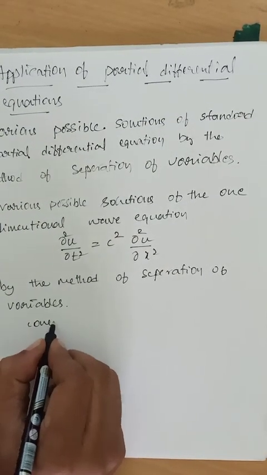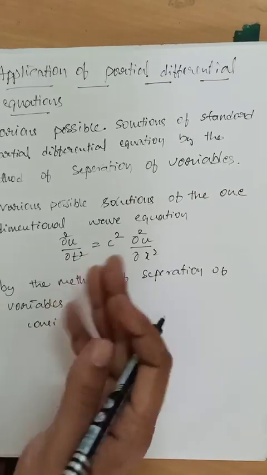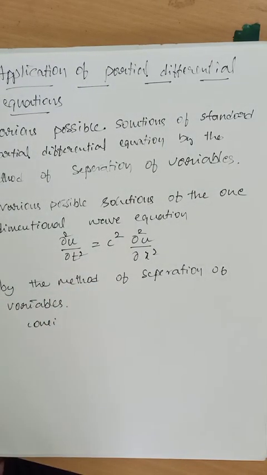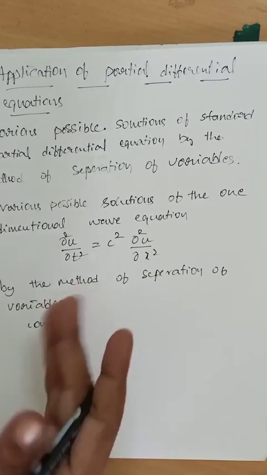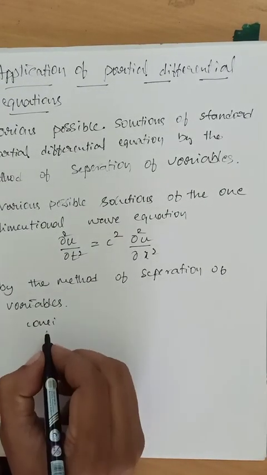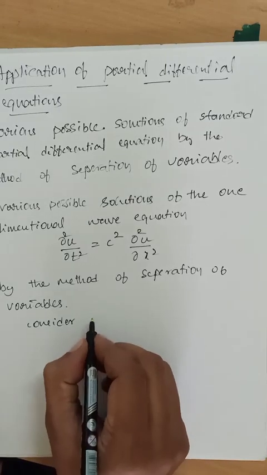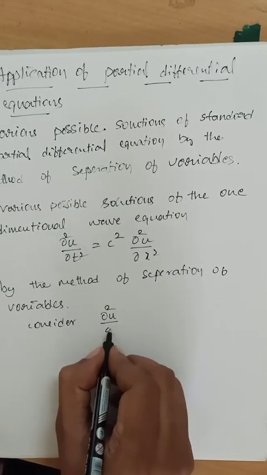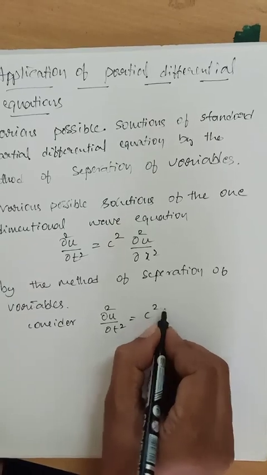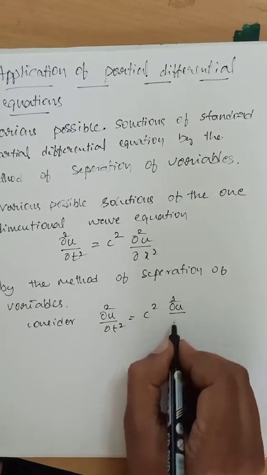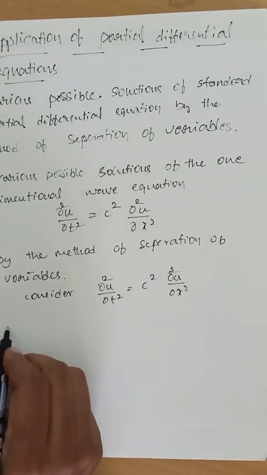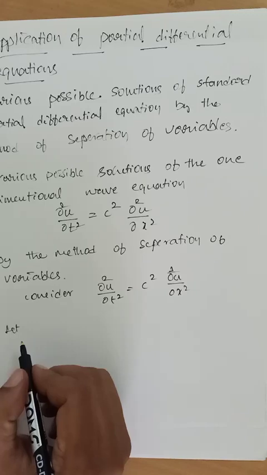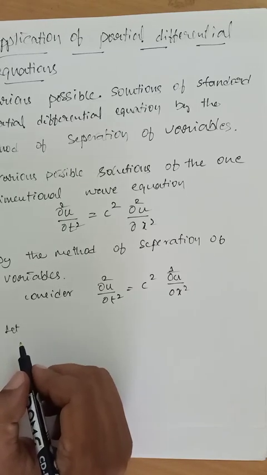Proof. Consider, because we already discussed in the previous problem solving the PDE by the method of separation of variables, here also we adopt that method. That is why consider del square u by del t square equal to c square into del square u by del x square. Let me recall the working procedure for the method of separation of variables.